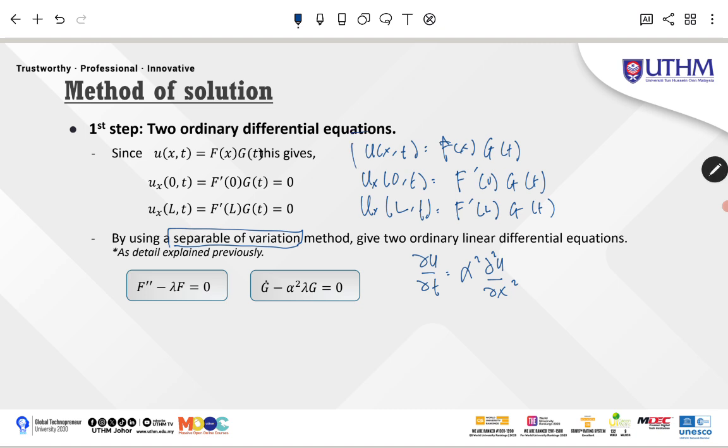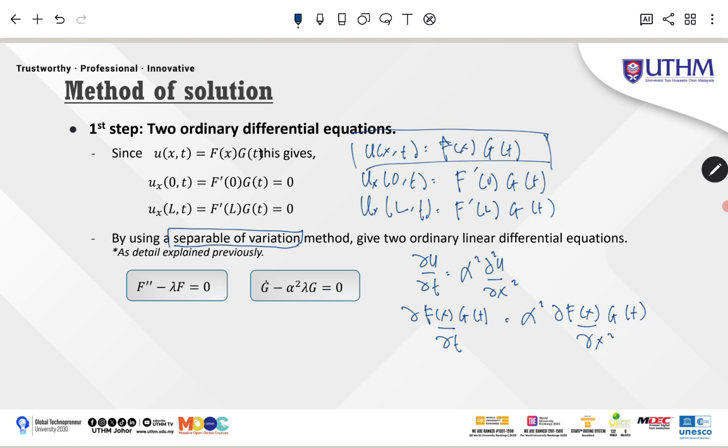Then we substitute u in the form of f(x) g(t): d(f g)/dt is equal to alpha squared d squared (f g) over dx squared.